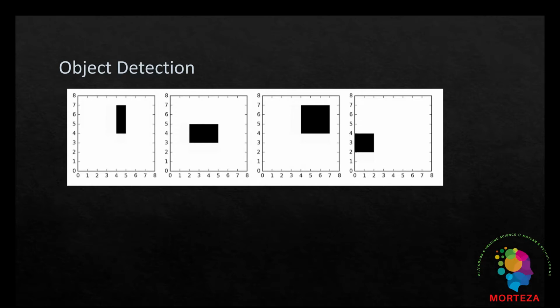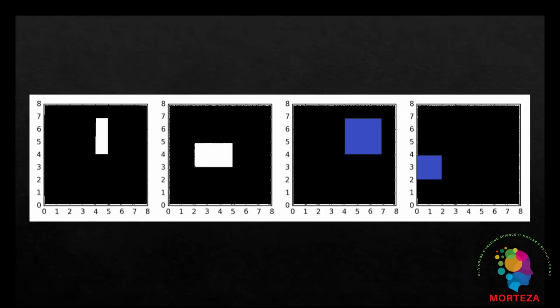In this video, I'm gonna be training the CNN on images with white rectangles as shown here. But then I'm gonna test the network on rectangles of blue color to see if the network would be able to detect the object in the test set.